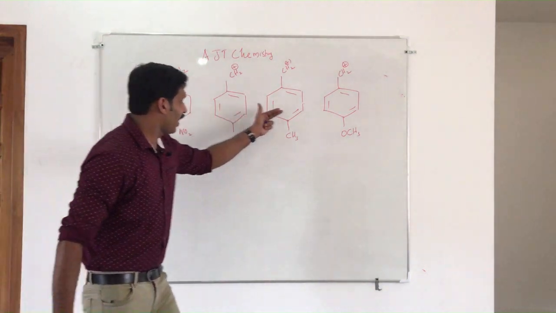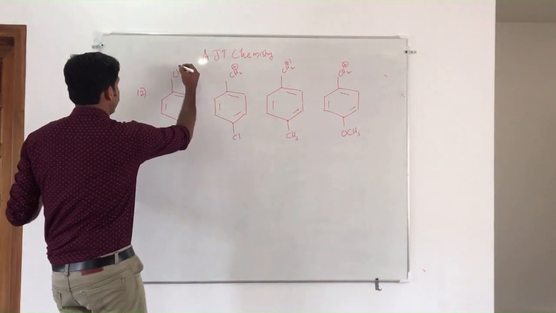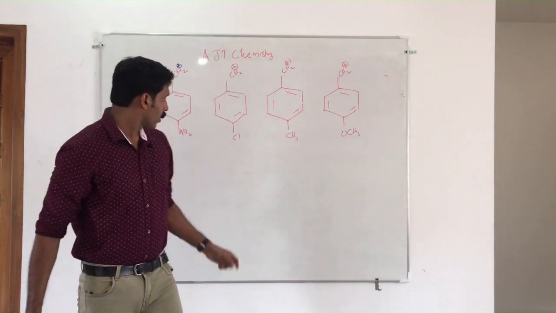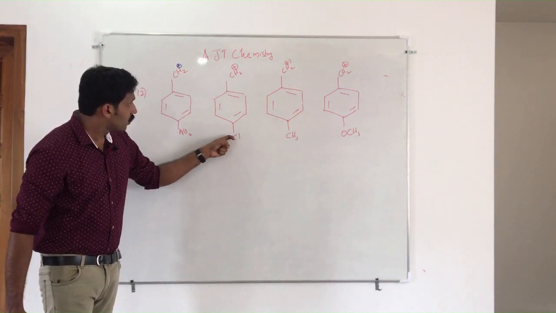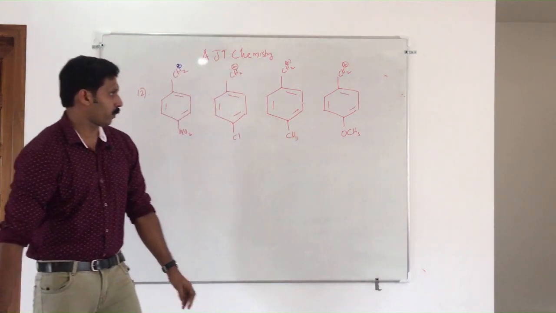This is another type of question. All are carbocations. First of all, you write down these questions in your paper. This one has an NO2 group, this is chlorine, this is the methyl group, and OCH3 group.